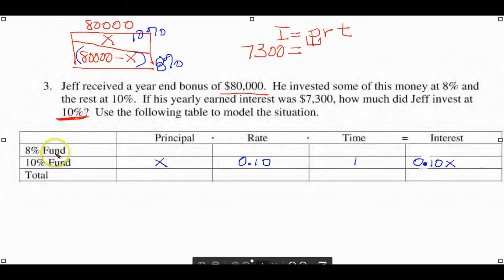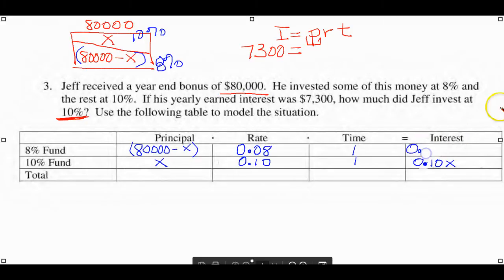Now our 8%, the principal would be what's left over, the 80,000 minus x. And the rate of this is 8%. And this is just 1 year also, so we're going to get here 0.08.